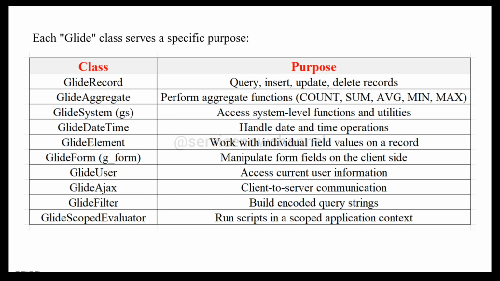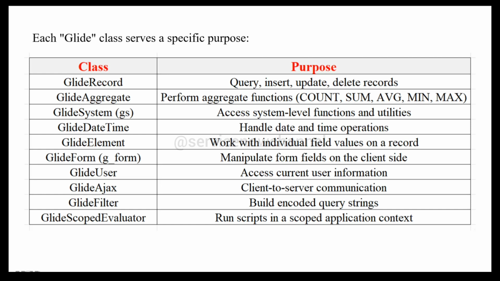Okay, so next we have GlideAjax. The GlideAjax class is basically used for client to server communication. Like we use GlideAjax in client scripts to communicate with the server side. So we will write in a client script and we will communicate with the server by using GlideAjax.